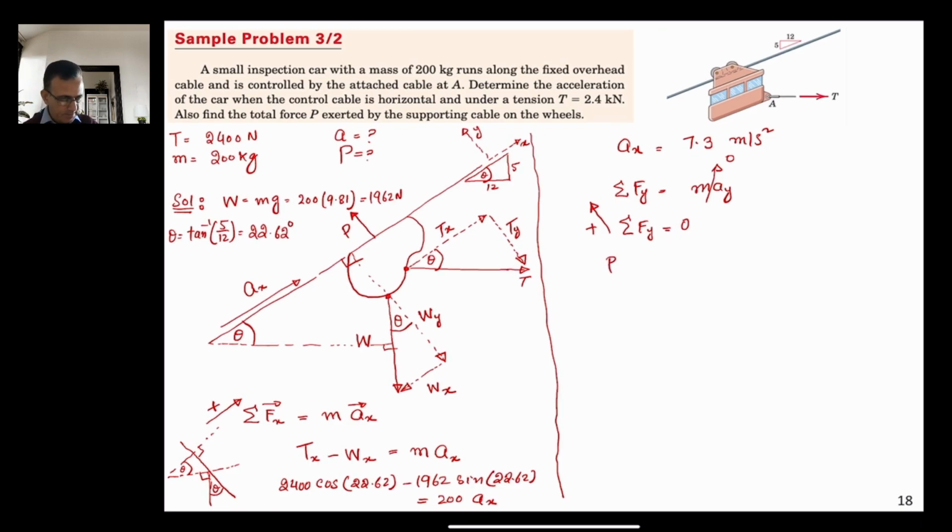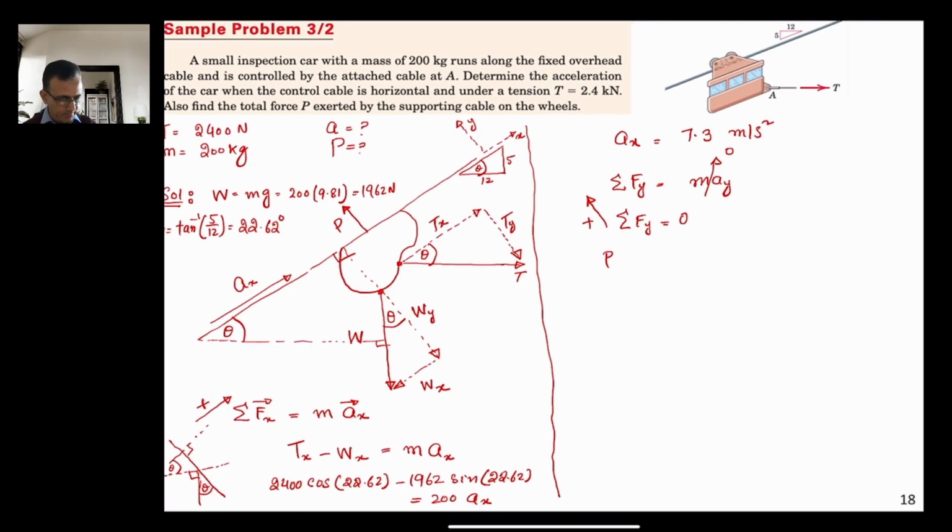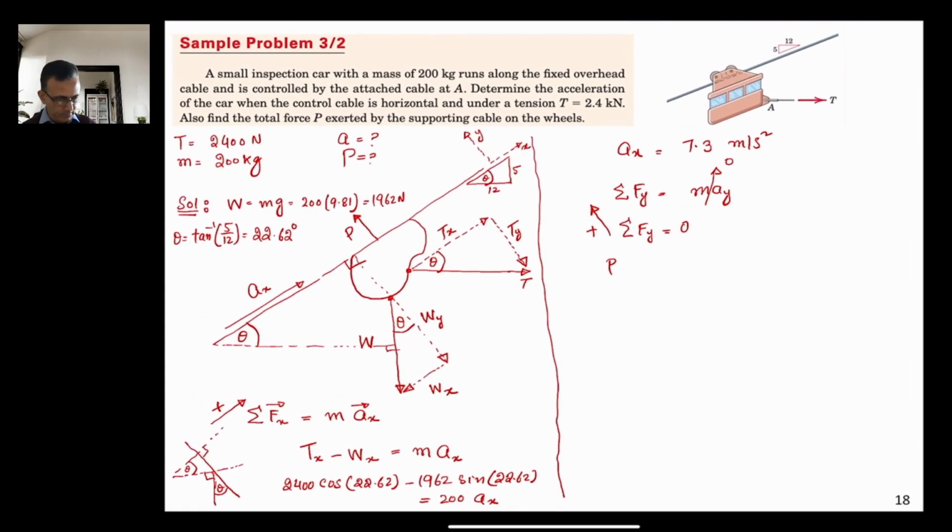The second force is this force here, which is minus Wy, which is in the negative y direction, in the downward direction here. And again, this Ty is again in the downward direction, so this will also be negative, minus Ty equal to 0. So from here, you can calculate that P is equal to Wy plus Ty.